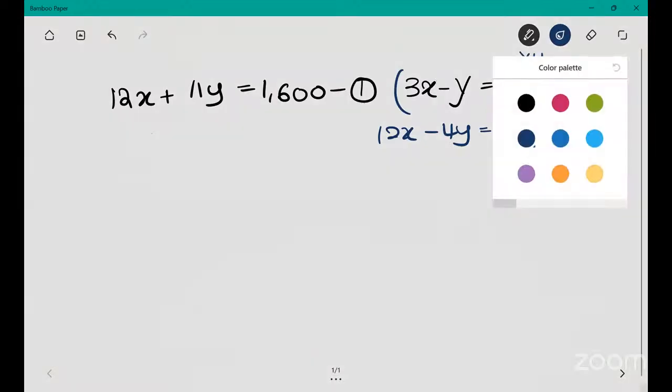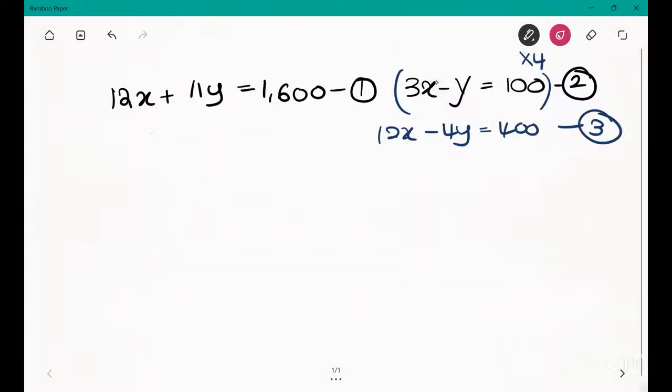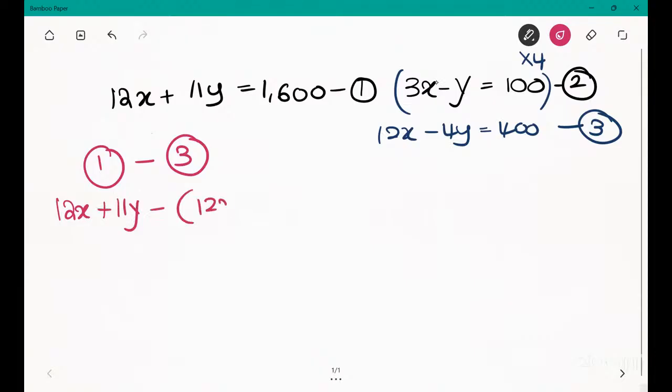Then here I can subtract the bigger one minus the smaller one. Using the numbers, 1600 is greater than 400. So I'm going to do equation 1 minus equation 3. So 12x plus 11y minus 12x minus 4y is equal to 1600 minus 400.